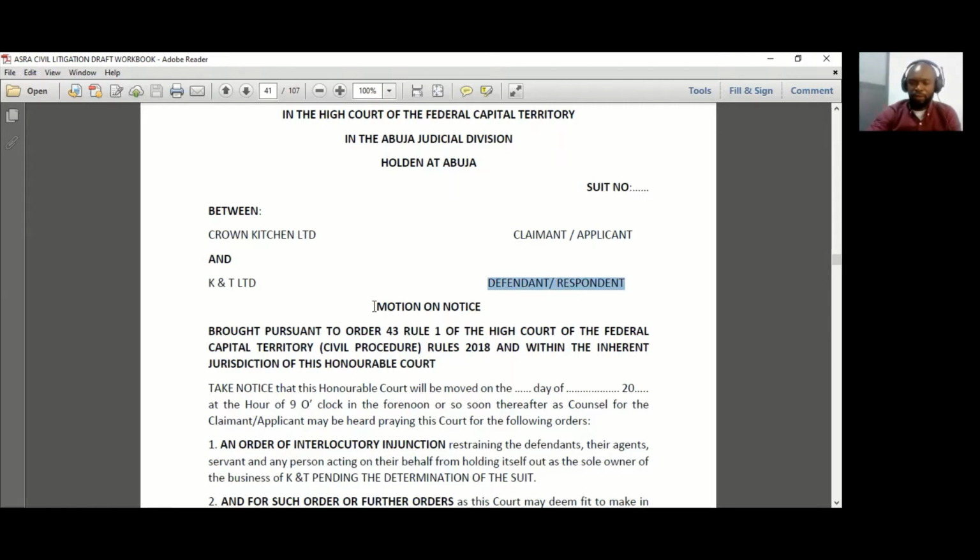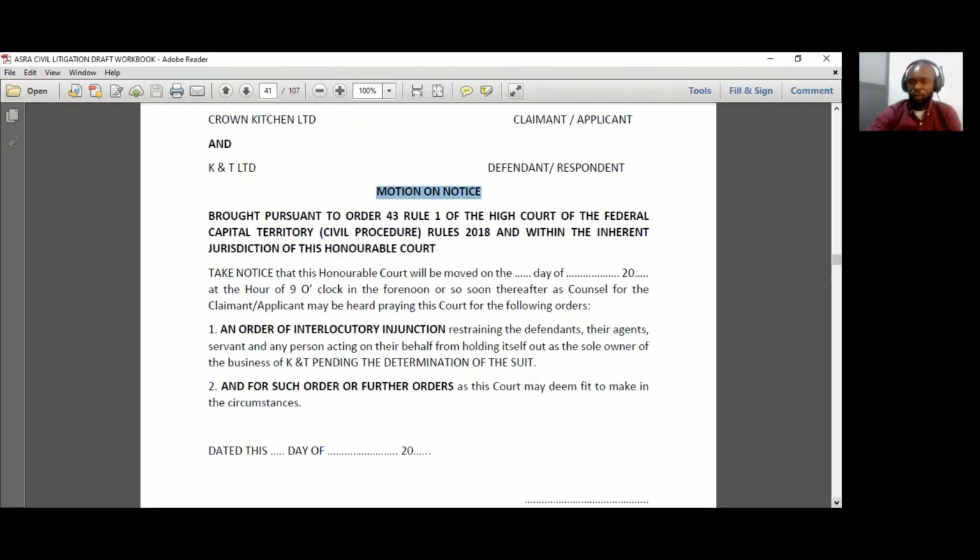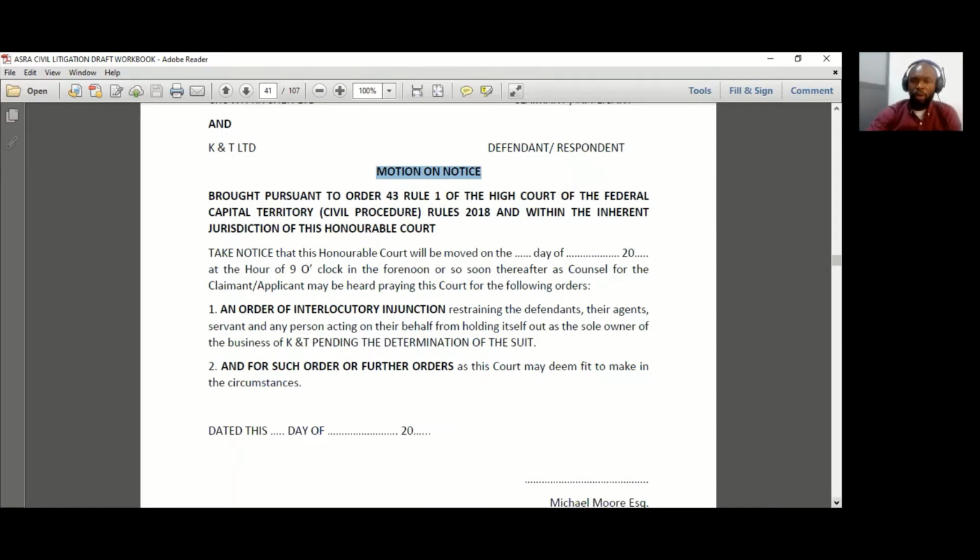Now, underneath the parties, we now have the title of the motion. So it says motion on notice. If this was a motion ex parte, it would say motion ex parte. And then it would go on to now state the rules, the provision in the rules or law upon which this motion is being brought to court.